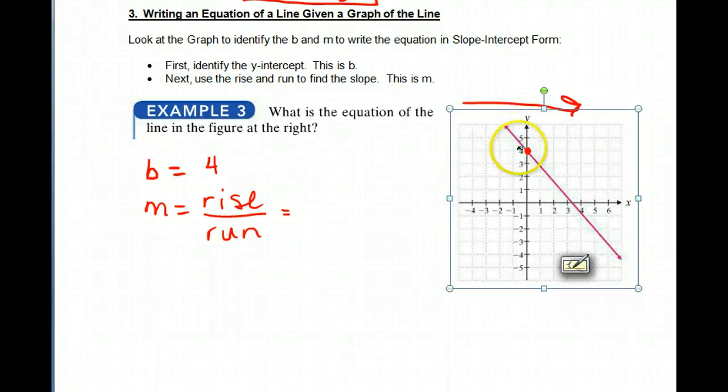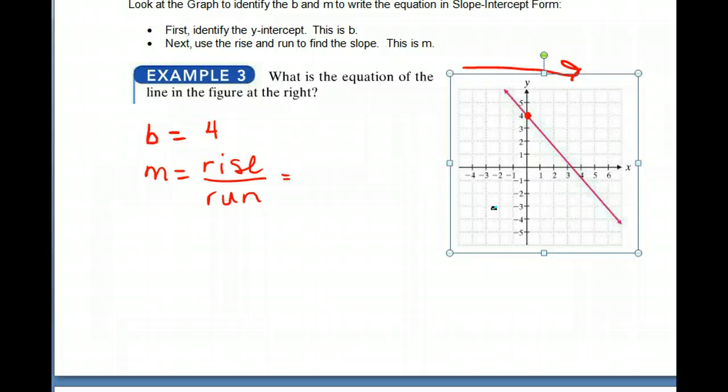As I'm reading from left to right from my intercept, it looks like the next, I call them perfect points, where the line is going to fall on one of the grid lines, is right there.